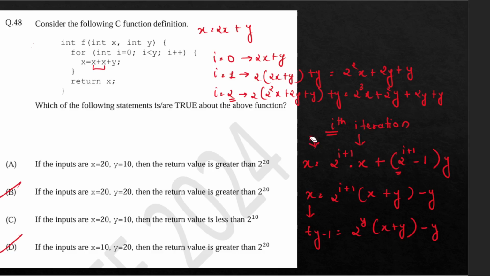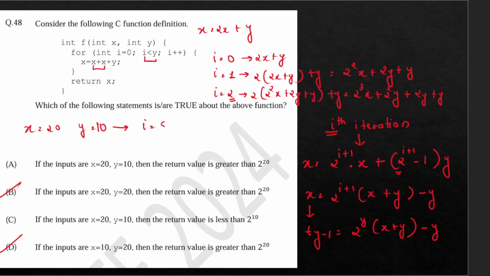If you are not able to make this, see, x equals 20, y equals 10, and I will also be equal to 10. Or let's say I is smaller than y, so we can take it as 9, because we cannot take the equals value.